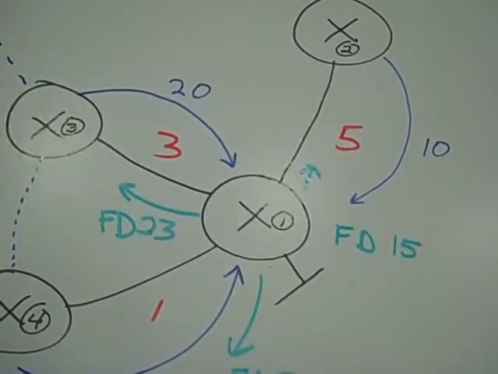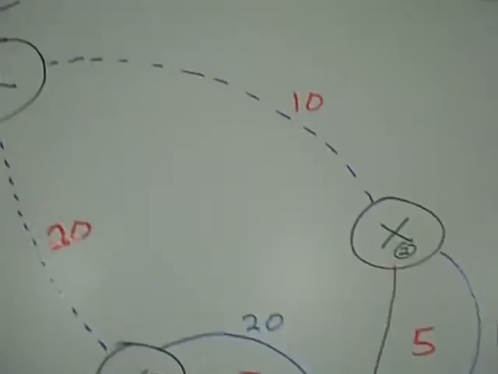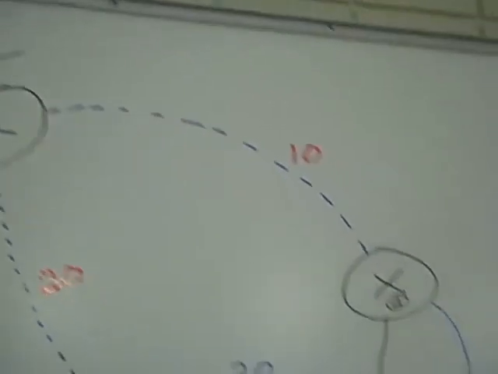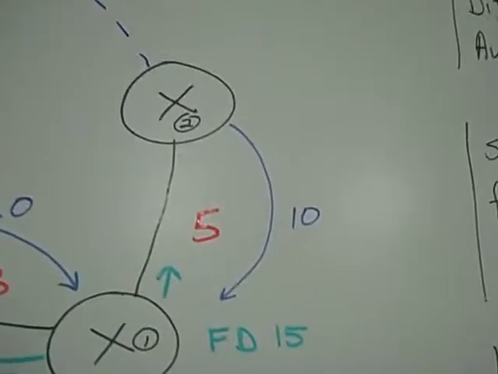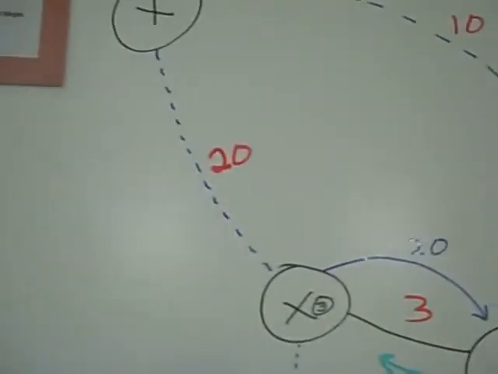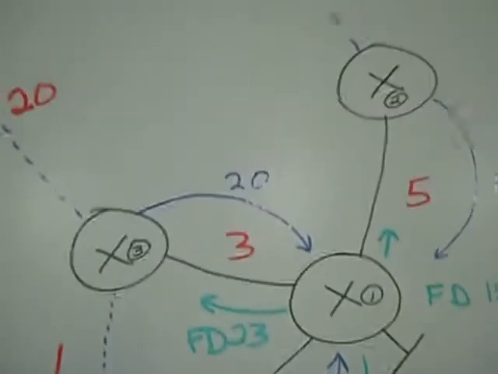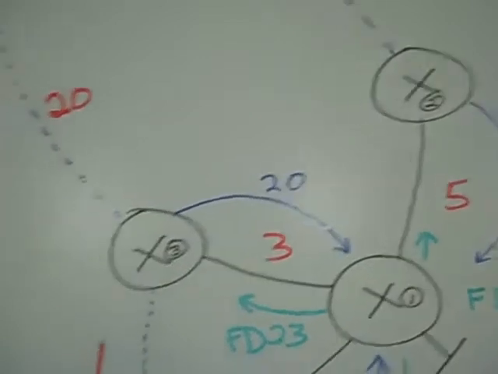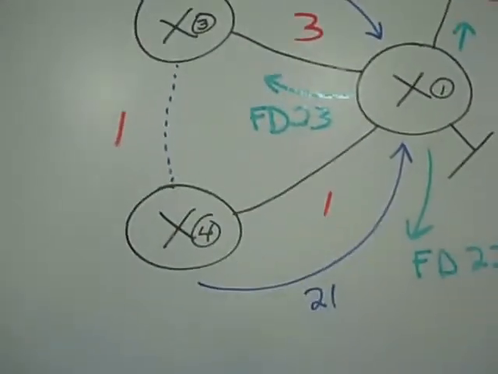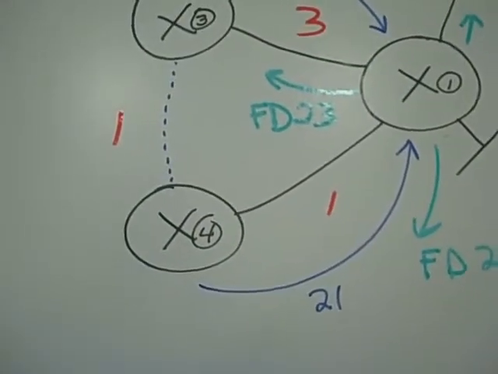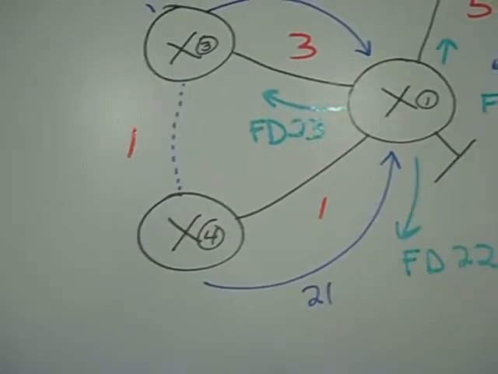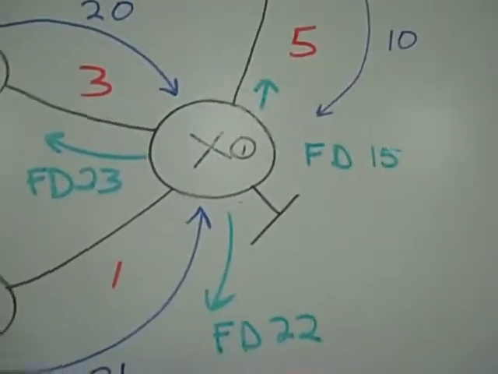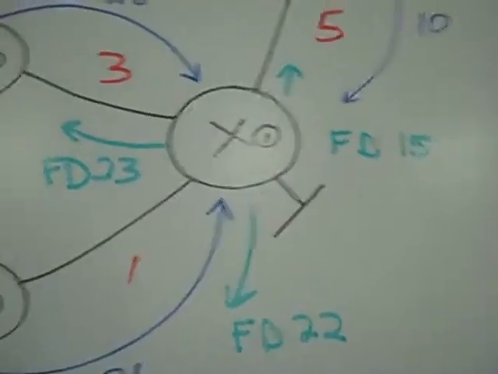Okay? Then we made up some numbers. We said that's 10. So right there in the blue, 10 is my reported distance. And that's 20, so that's a 20 reported distance. There's an extra 1 there, so this is 21 reported distance. Then we calculated our feasible distance.